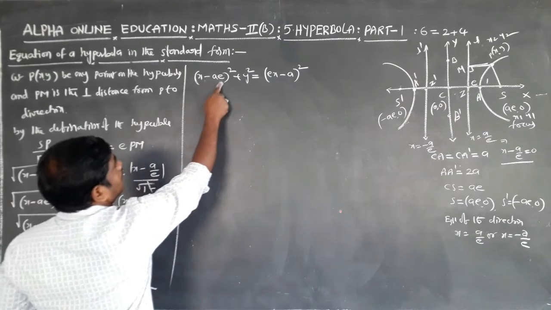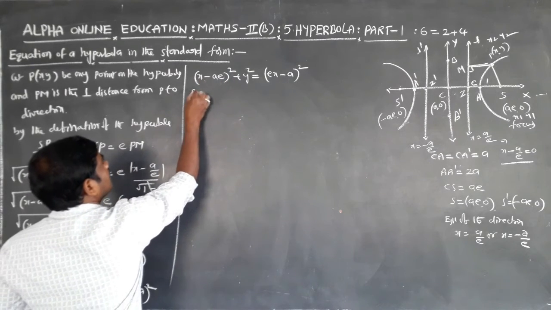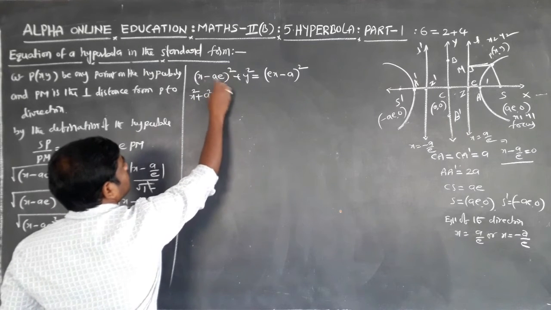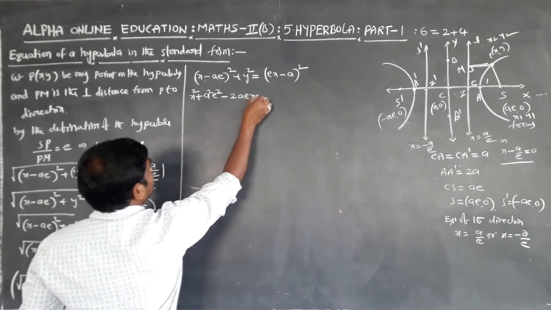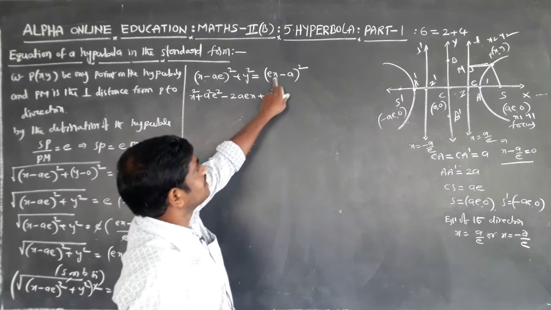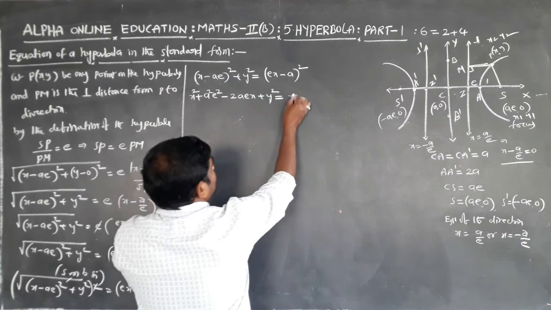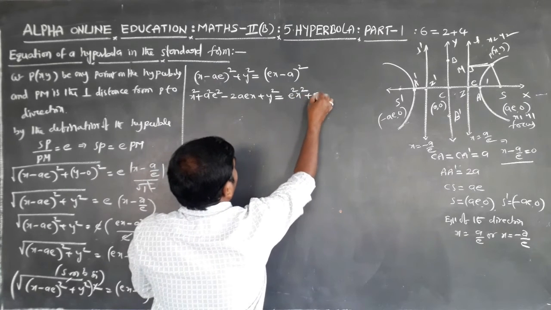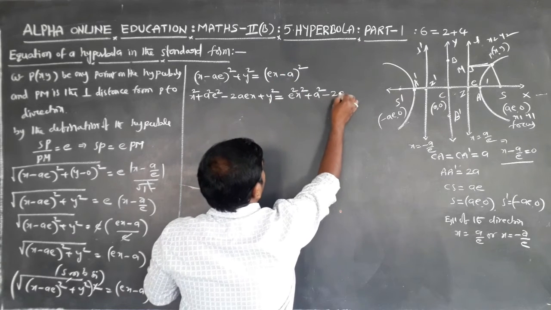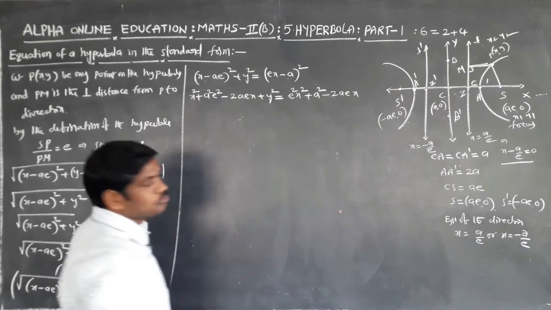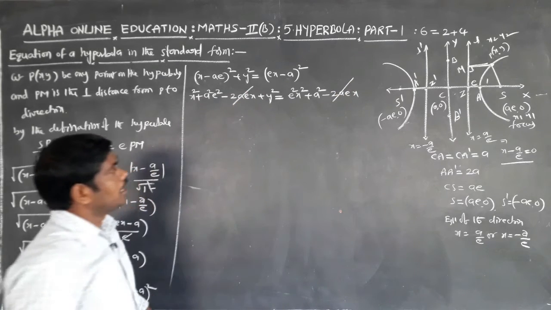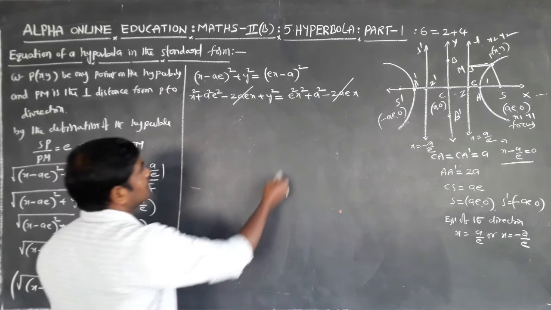Here, (a minus b) whole square gives x square minus 2aex plus a square e square, plus y square. Equal to, on the right side, (a minus b) whole square: e square x square plus a square minus 2aex. On both sides, minus 2aex cancels.